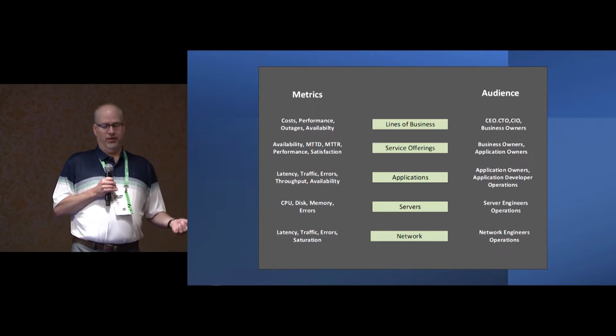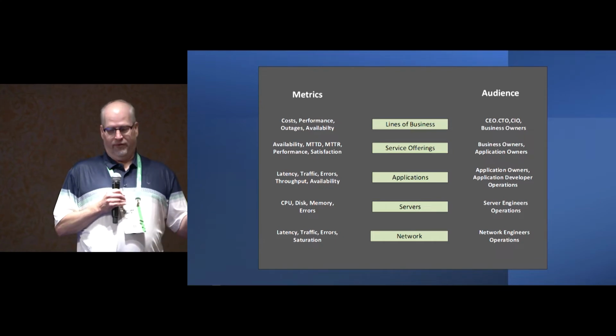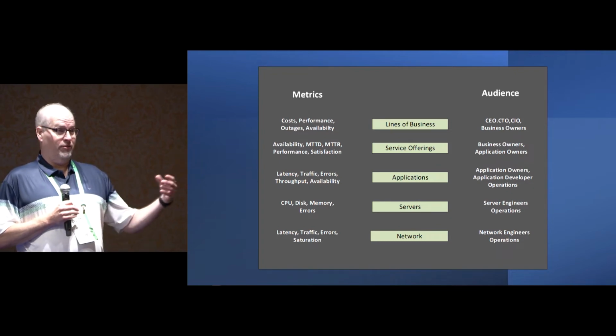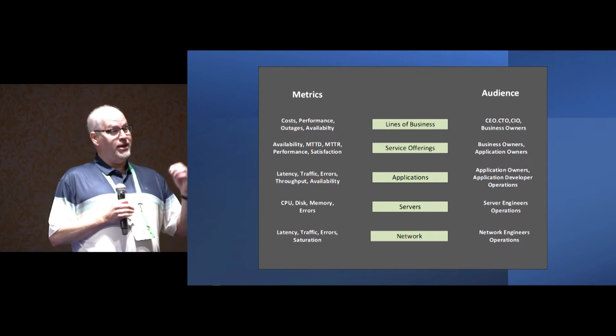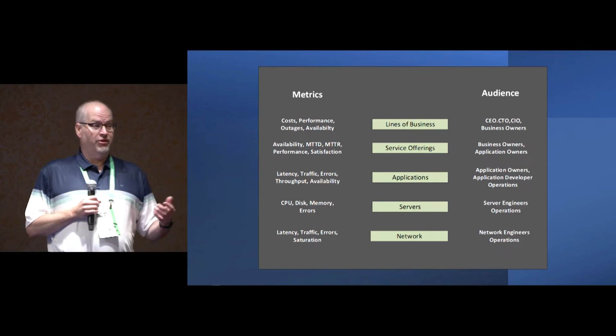So the network has to be there. The servers can run, but if they don't have applications running on them, what's the point of having servers? Service offerings have to have all three of them in play in order for them to be put out. And then the lines of businesses, of course, are built on that. They're all attached. And if any one of them is failing within that context, you need to know about it.